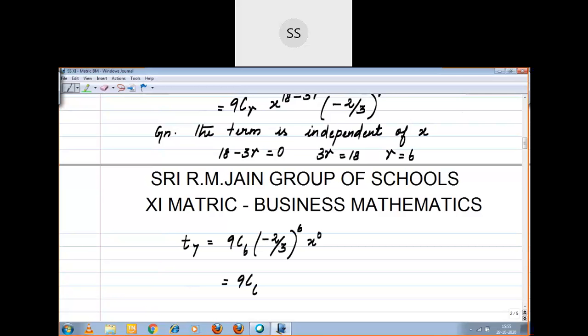Now 9C6, the negative here, the power is even, so it becomes positive: (2/3)^6. So 9C6 (2/3)^6 is the term independent of x. Got it, children?